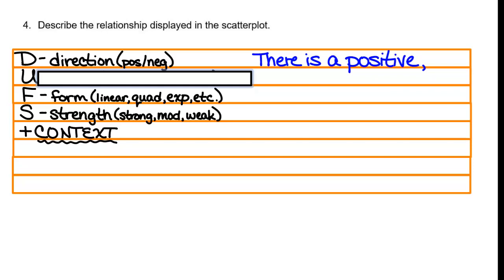But 99% of the time, we're going to describe this as linear or nonlinear. And of those, at least 95% of the time, we're going to call it linear. The more closely the scatter plot matches the form that we have described, the stronger it is.